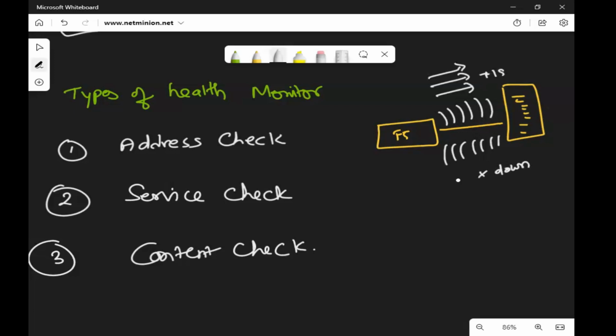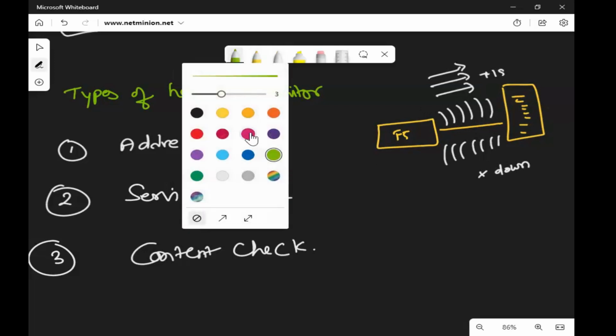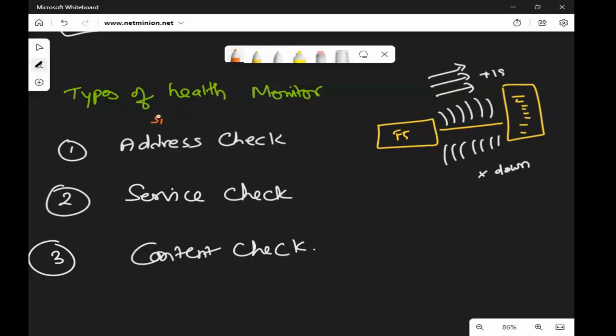That is a standard thing, like your EIGRP and other protocols follow. So 3 times in the interval, whatever the probe interval is, which again I will talk about later on. For the timing, you just think that it is sending some probes, and if there is no reply, it will mark it down. Very simple. Now, the address check, what I was saying, is the simplest form of monitoring.